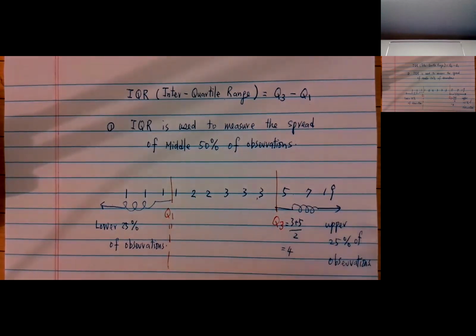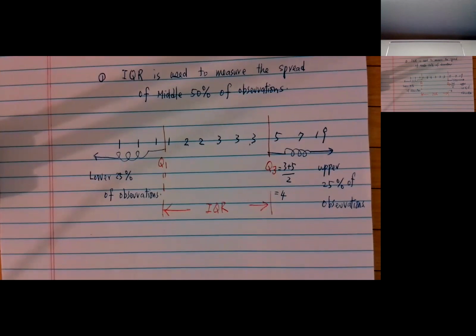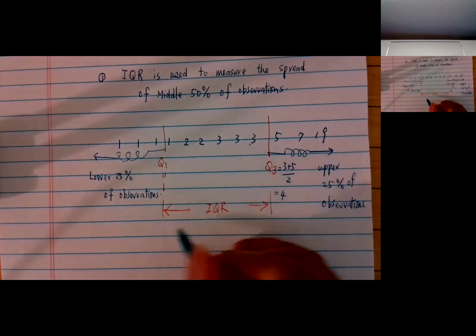So from here to here, that distance is called IQR. So IQR measures the spread.